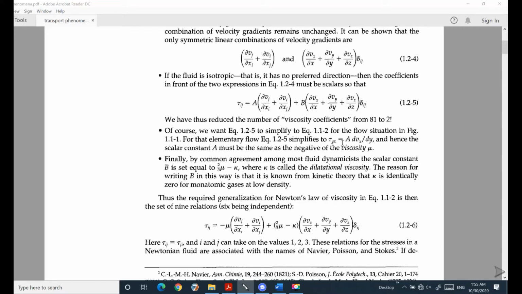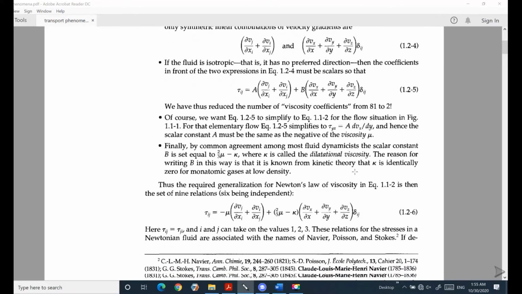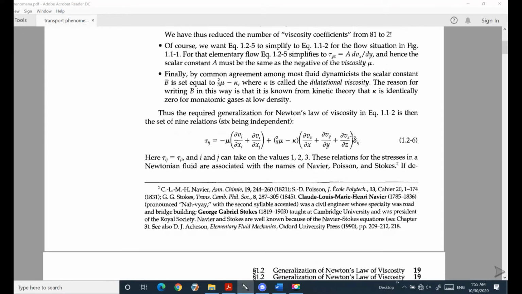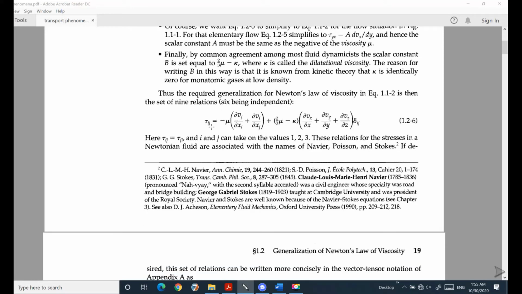In here we can write, instead of I, we can just replace by this formula, and also b is equal to del 1. In here the K is called dilatational viscosity. It's coming from the kinetic theory. So anyway, finally we obtain that form.